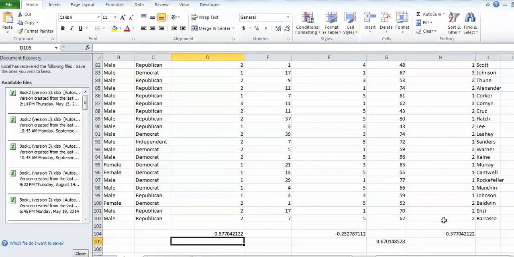It comes out to 0.57, which is more of a medium positive correlation. Both of these are pretty similar, but it looks like this one over here is a little bit stronger than this one over here. So the correlation between age and years in office is a little bit stronger than the correlation between number of colleges attended and number of degrees earned.